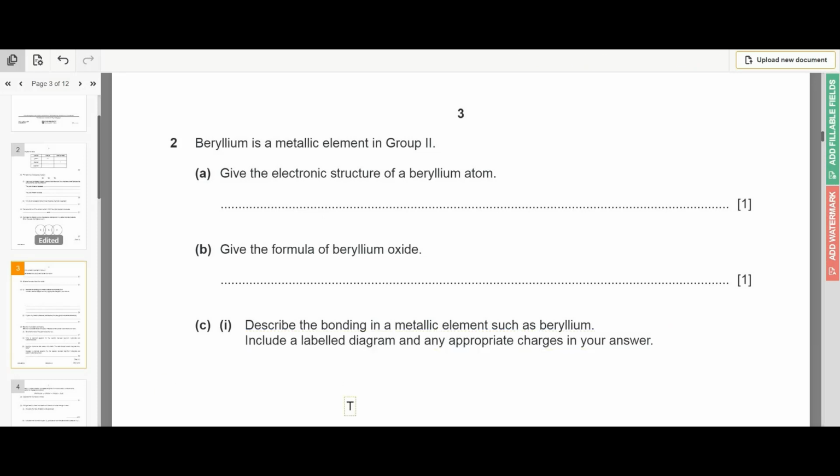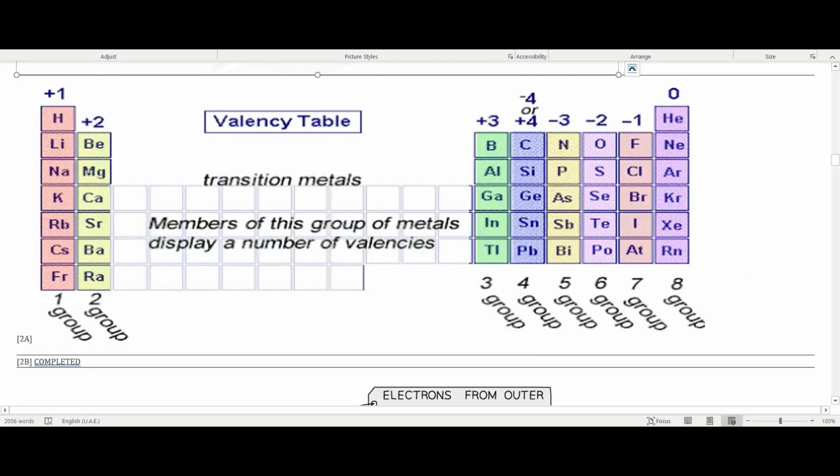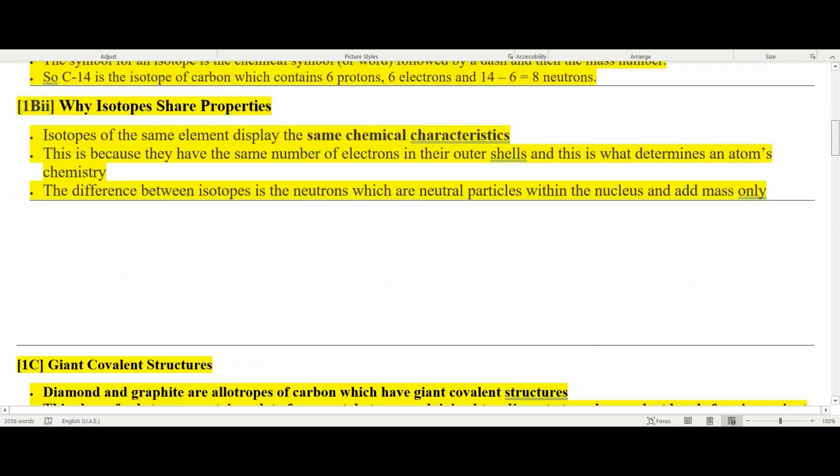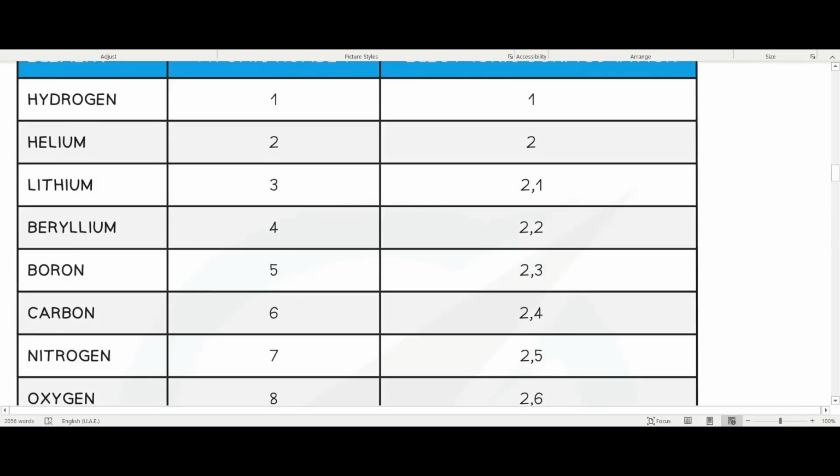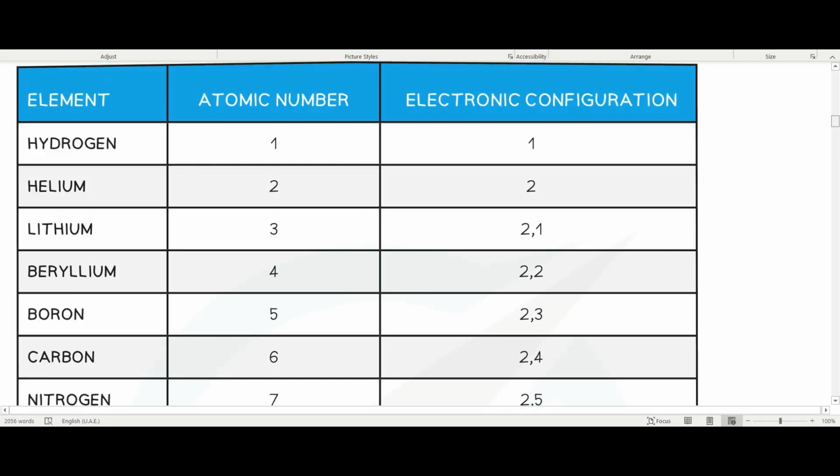So if you see this table, you can see clearly all the electronic configurations for elements 1 to 20 are given here, and they have also given the atomic number. Why is this atomic number given here? Let me tell you. This atomic number has a very important role when we are deducing electronic configurations. For example, this atomic number will decide how many electrons there will be in total for that particular element.